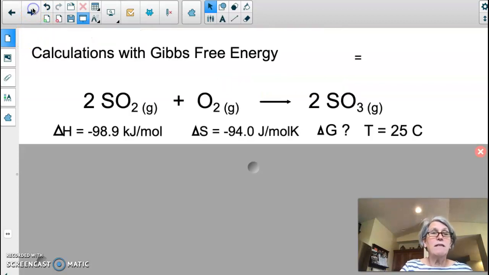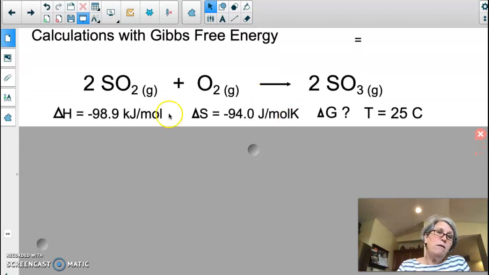The last thing I want to go over with you, and this is what your homework problems are going to be like, is how to calculate with the Gibbs free energy equation. Here you've got a chemical process. This is sulfur dioxide, a gas that can be in the atmosphere. When it reacts with oxygen, it can make sulfur trioxide, which is a precursor to acid rain.